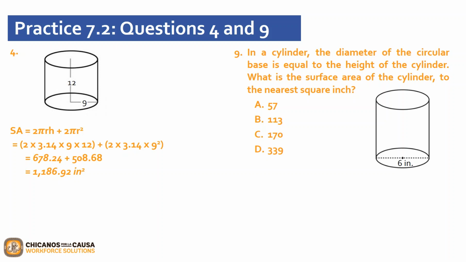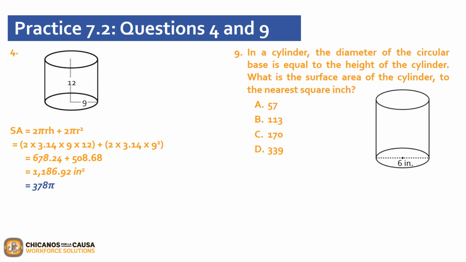So what that means is that we are going to divide our answer. So we're going to divide 1,186.92 by pi, which is 3.14, which gives us an answer of 378 pi, which is essentially the same thing. If we multiply 378 times 3.14, it'll give us the other answer.